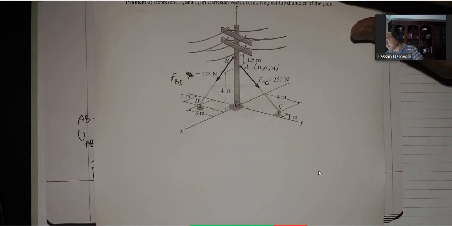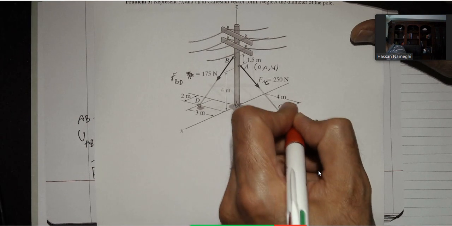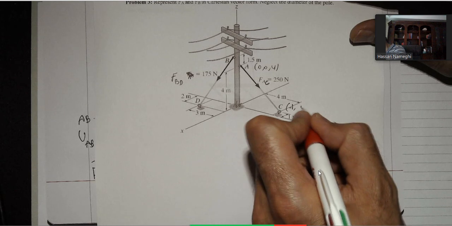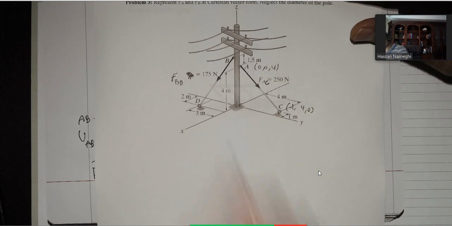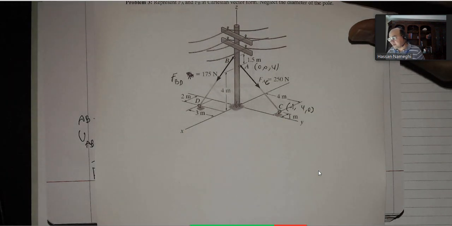You are good on the 4. No, there is a 1. You are good on the 1 too, right? It's 1 if the 1 is not on the right side. Minus 1. Very good, very good. So minus 1, 4, 0.